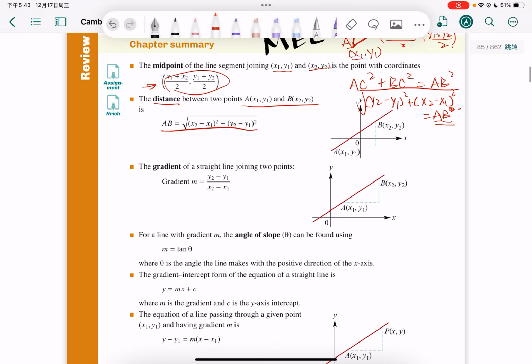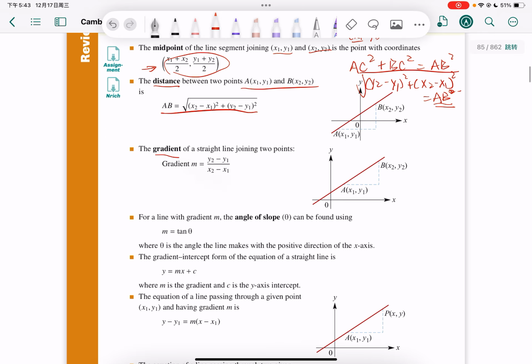Okay, the gradient. The gradient is defined by the change in y over the change in x. From point A, if we're going up to point B, the change in y will be y2 minus y1, and the change in x will be x2 minus x1.